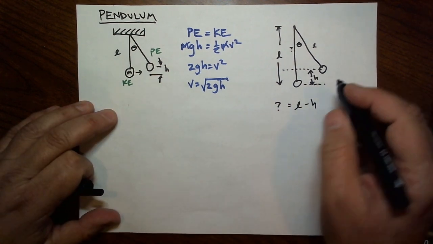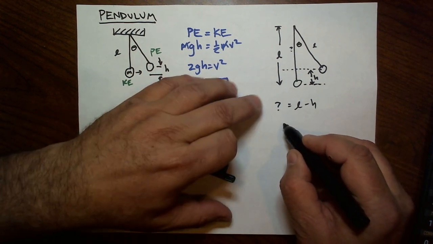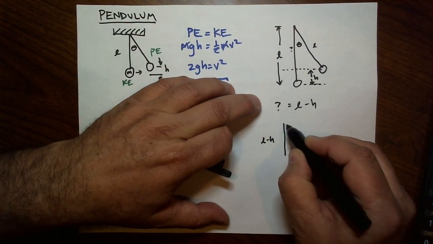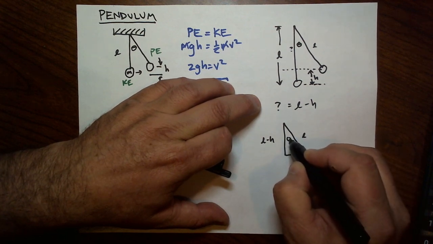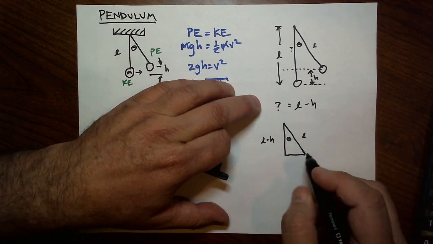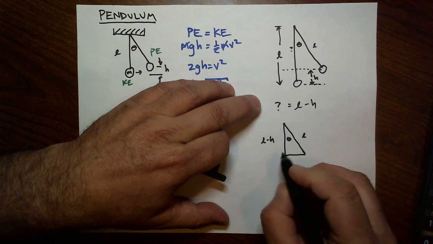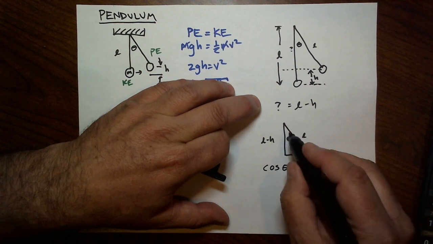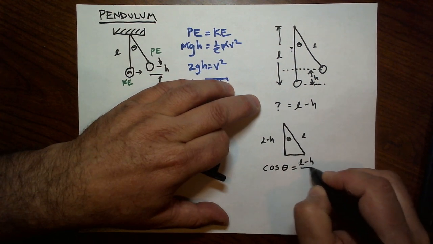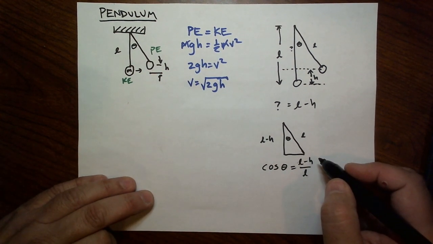That means that in the triangle, we have a triangle whose side is L minus h, whose hypotenuse is L, and whose angle is theta. So, it looks like cosine is the thing to use because this is the adjacent side. So cosine of theta equals the adjacent side, L minus h, divided by L.